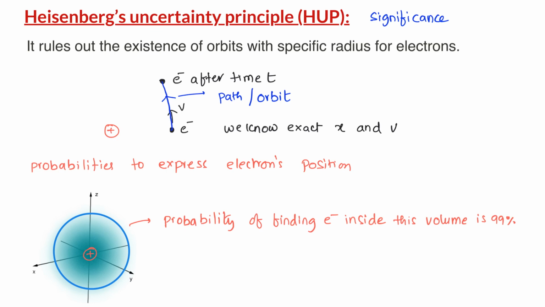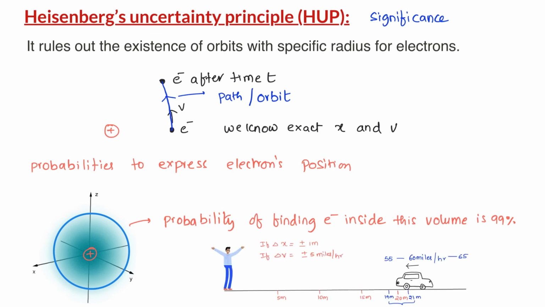We cannot say where exactly the electron is inside the sphere, but we can say that 99% of the time it is inside the sphere. Applying this to our analogy, we cannot say that the car is exactly 20 meters away from you, but we can say that the probability of finding the car from 19 meters to 21 meters is about 95%.